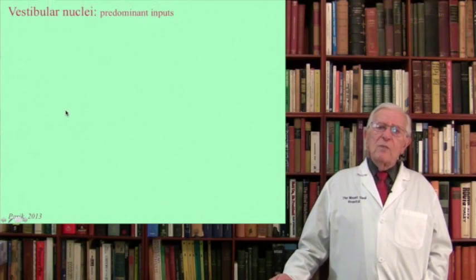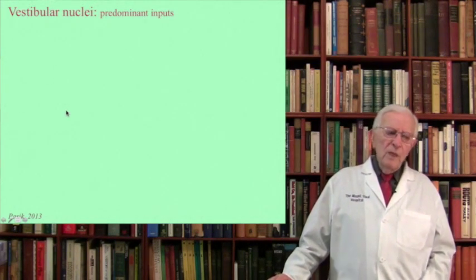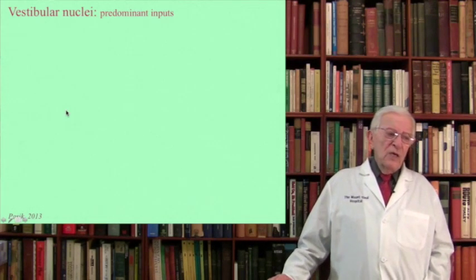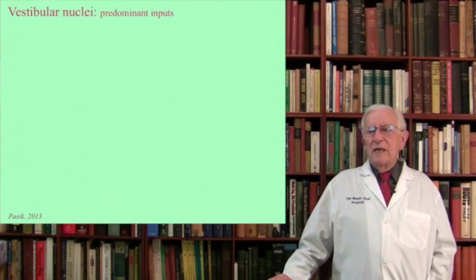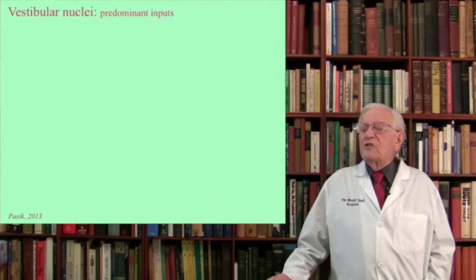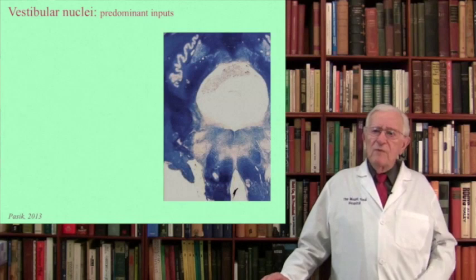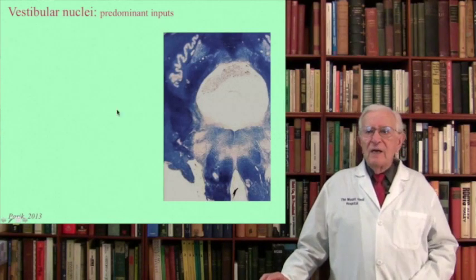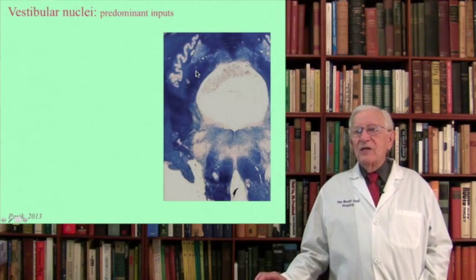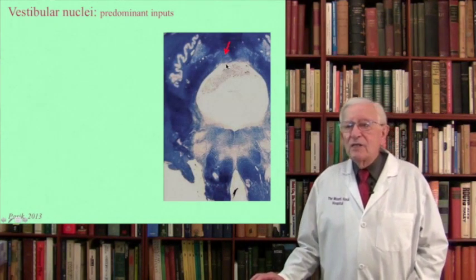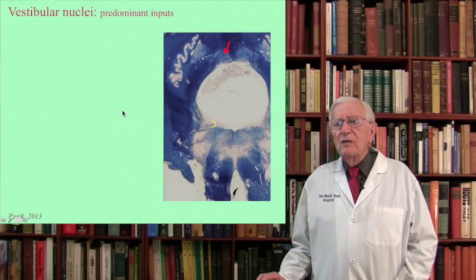Now, once it's in the brain stem, the vestibular nerve will end in a group of nuclei that are called the vestibular nuclear complex. All right, I'll show you a section that you may be familiar with from before. This section has the cerebellum on top with the fastigial nucleus here, right? That's the fastigial nucleus. And then you have this vestibular nuclear complex here.